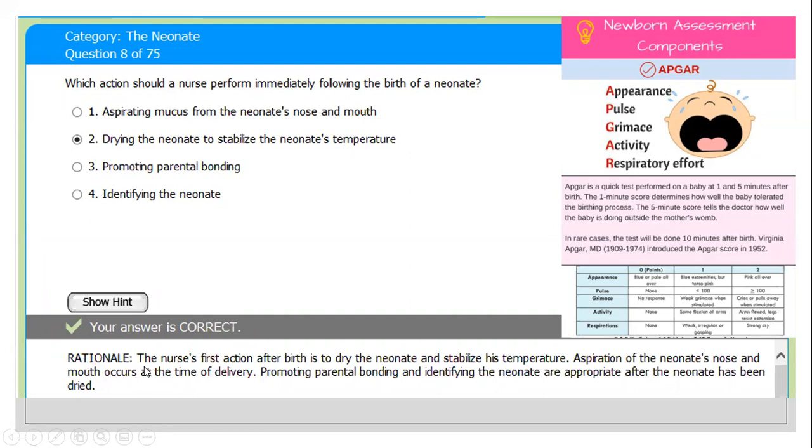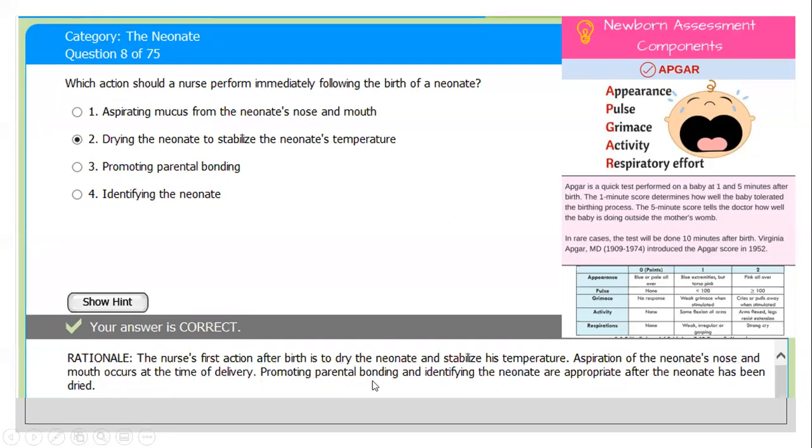The rationale said the nurse's first action after the birth is to dry the neonate and stabilize his temperature. Aspiration of the neonate's nose and mouth occurs at the time of delivery.